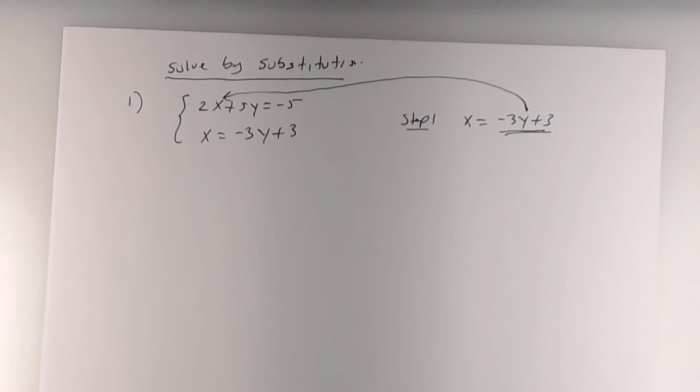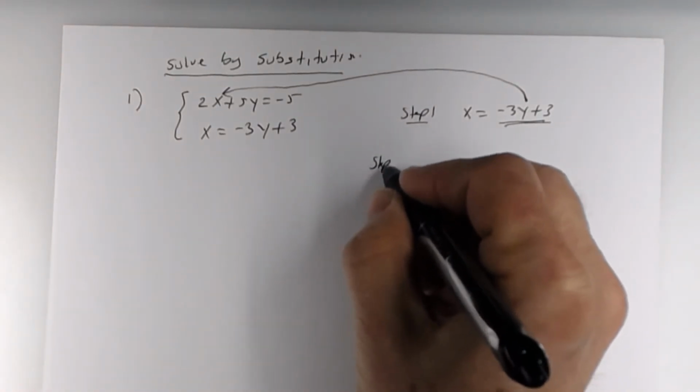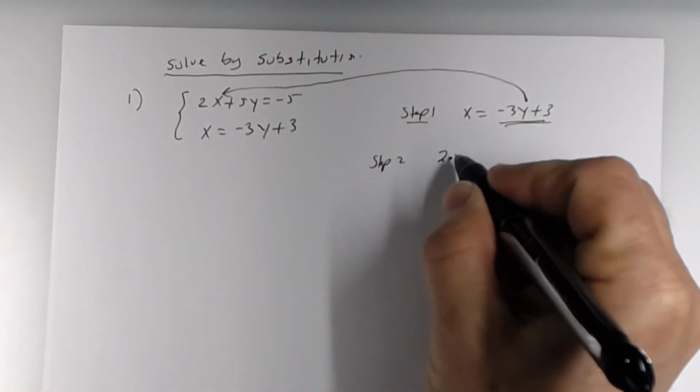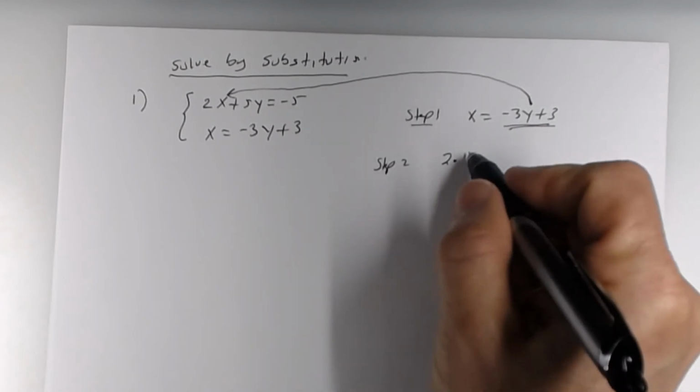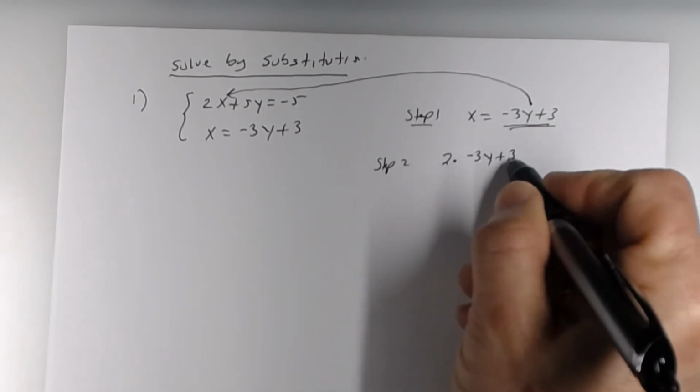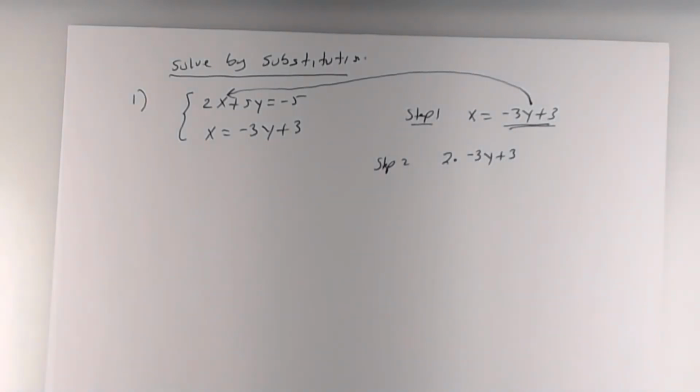Now, you've got to be mathematically correct. Remember, when I rewrite this, it is a mistake in step two to write 2 times negative 3y, and again, what's x? Plus 3. Now, I'm going to stop there for a moment.